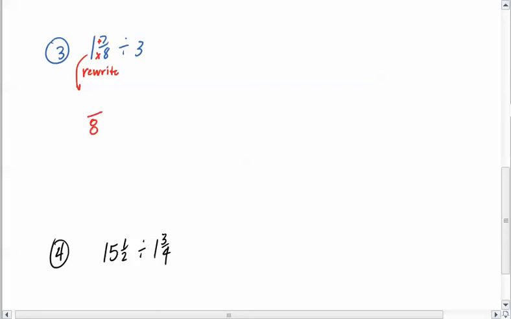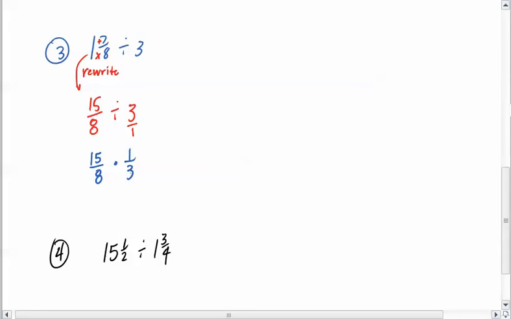That's the size of the slice. 1 times 8 plus 7 is 15. Now it's ready. But the right-hand portion of the expression is not ready, so I'm going to make that a 3 over 1. And now I need to rewrite it as a multiplication problem. So I'm going to invert and multiply.